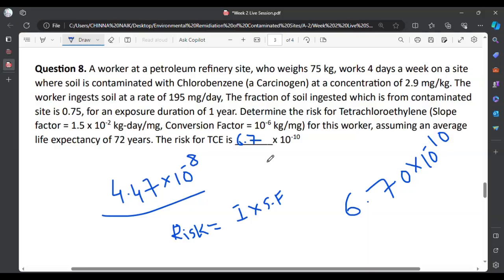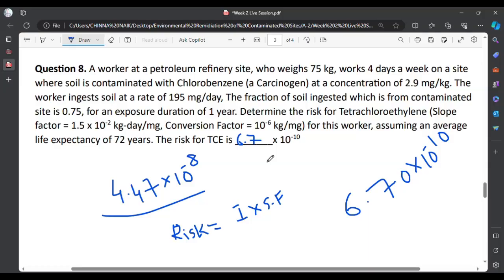Suppose you are supposed to assess the risk of any contaminated site, and you are getting this 6.7 into 10 power minus 10. So how will you decide whether you should go for remediation or not? So is it acceptable or unacceptable?